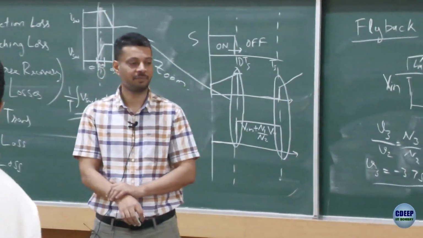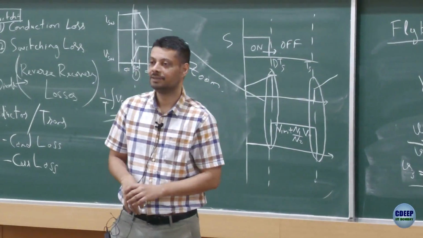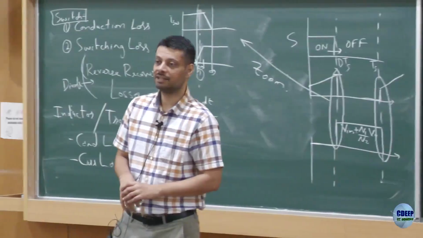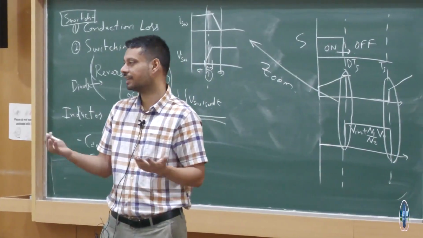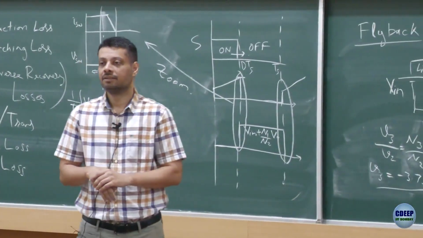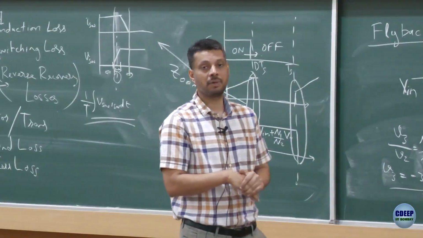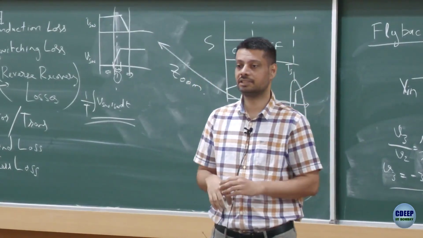Let's just see what comes out of it. What are the limitations of the flyback converter? Somebody can search why the flyback converter is not used in high power. Just try different searches, let's see what you get.